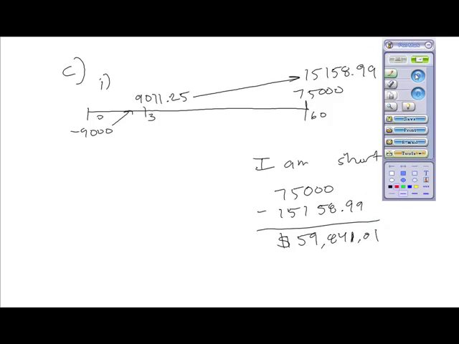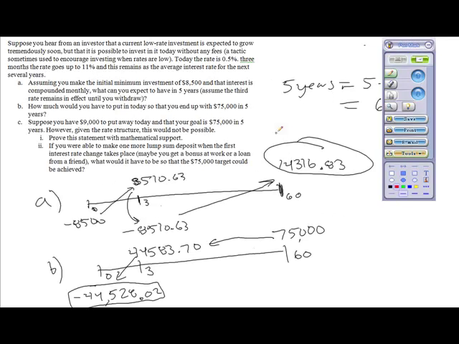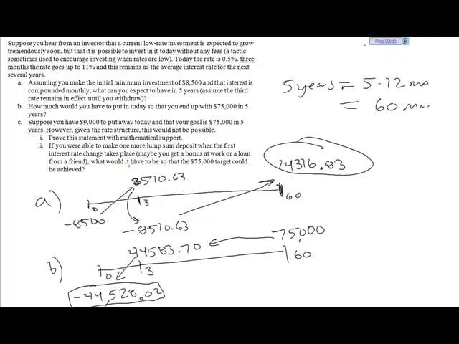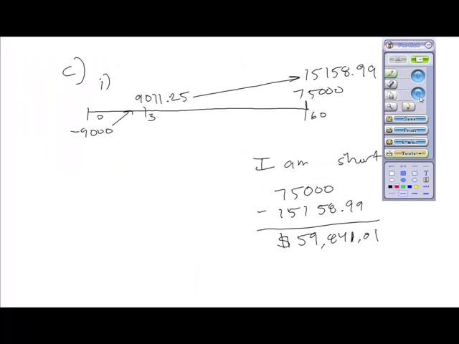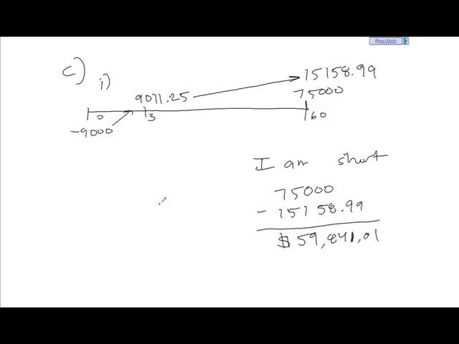And I'm asked in this problem, what would I have to put in at the 3-month mark, when that first interest rate change takes place, in addition to everything that I've already put in, in order to make that $75,000 target? So I'm doing some planning and I see, holy cow, if I only put in 9,000, I'm going to be short by $59,841.01.